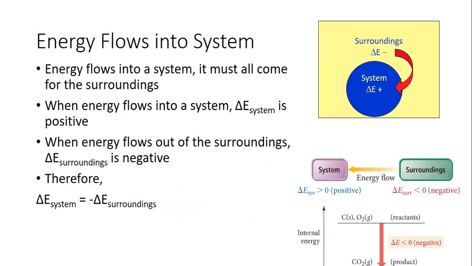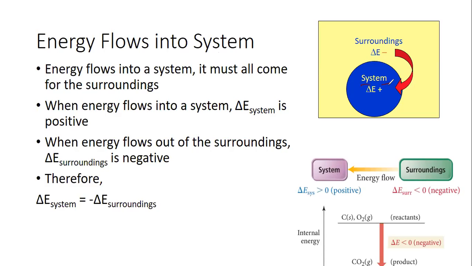So here we already talked about some of these, so I'm going to go through briefly. When we talk about change in energy of our system, it has to come from our surroundings because we cannot create energy.